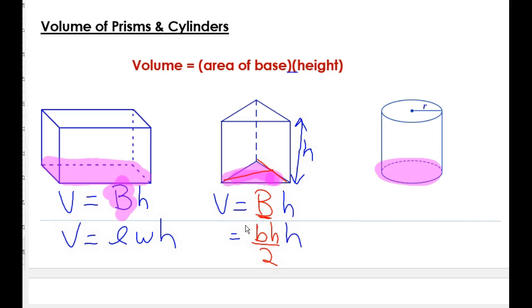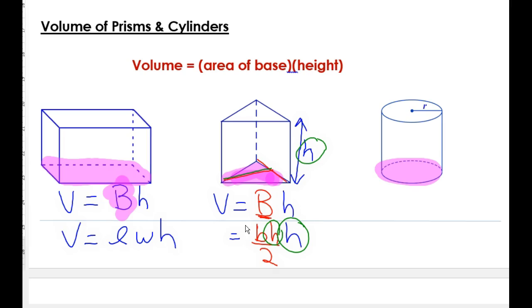Okay, so notice the difference here between the height of my triangle base versus the height of the actual prism itself. I know that's a little tricky. We'll do a couple of examples that will help you to figure that out in a little bit.